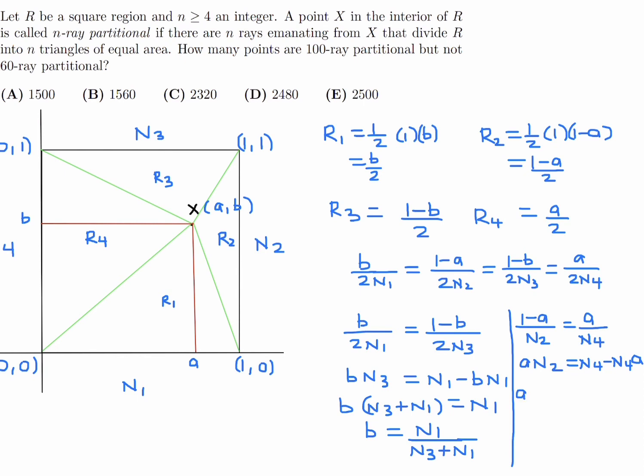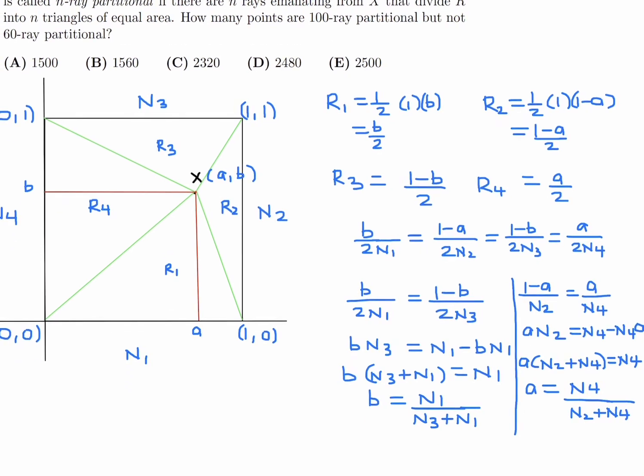And then bring the A's over and you get A times (N2 plus N4) is equal to N4. And then finally, A is equal to N4 over (N2 plus N4). Okay, so far so good. I hope you have been following without too much confusion.